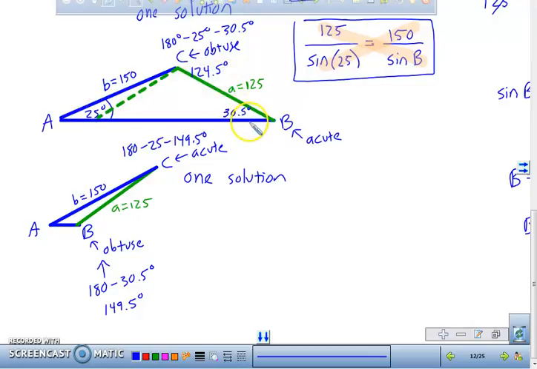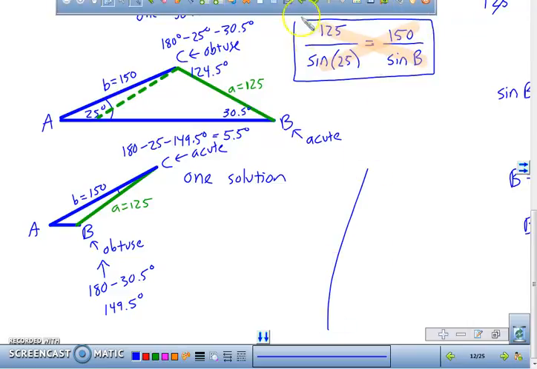Add all those up, and what do you get? You get 180 degrees. All right? What does this one add up to? What does this equal? I think that only equals, what, 5.5 degrees, which makes sense, because that's a really, really tiny little sliver. Okay, that's why it's 5.5.